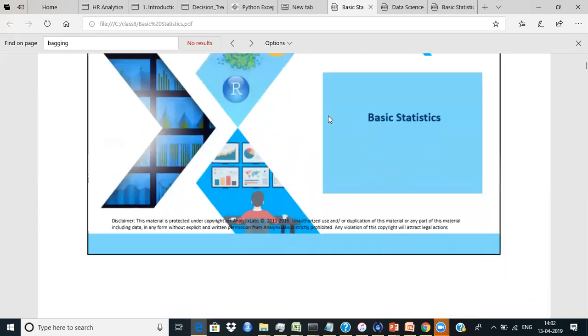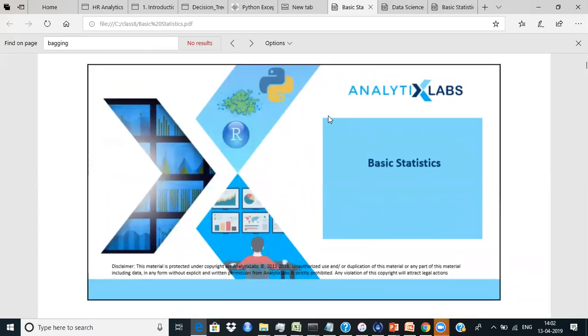Sir, when I was going through the book and internet about the p-value, I understood that if p-value is less than 0.05, in that case we accept null. No. We reject null. Sorry.